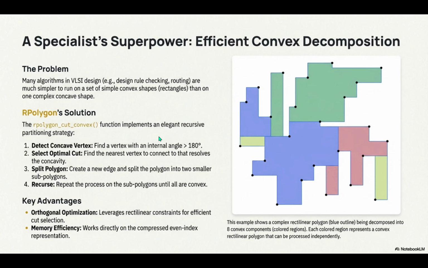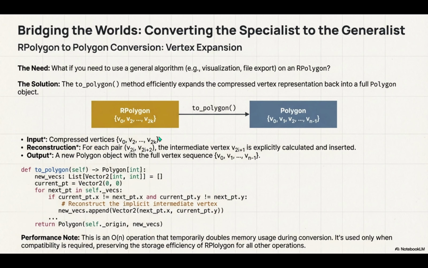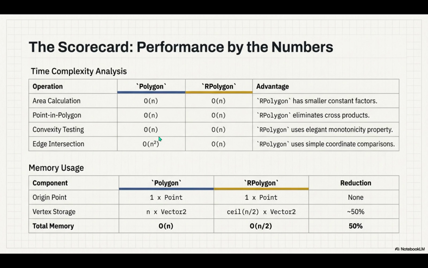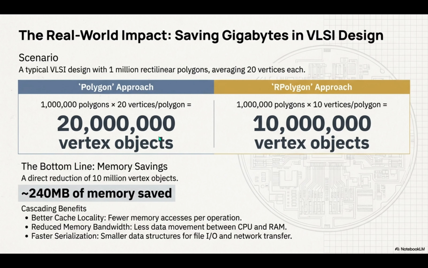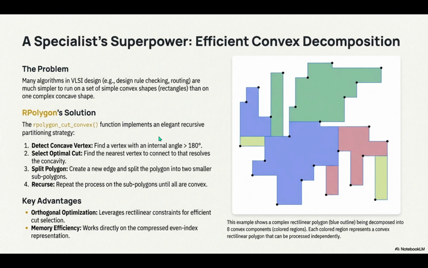First, it has to detect the concave vertex. That's the corner that's pointing inward, the reflex angle. Okay. Once it finds one, step 2 is to select an optimal cut. It essentially draws an imaginary line from that concave vertex to the nearest other vertex or edge, but in a way that doesn't intersect the polygon's own boundaries. So it's looking for the shortest, cleanest line segment that turns that one big reflex angle back into two smaller angles, both less than 180 degrees.